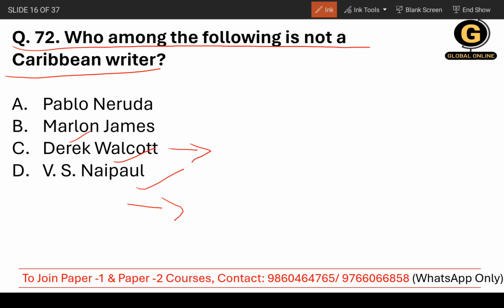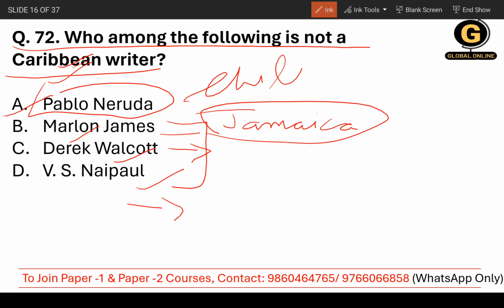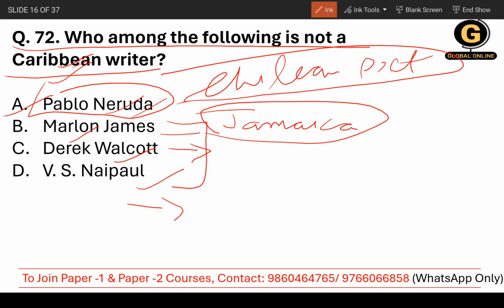Then Marlon James, a Jamaican writer. Jamaica is also associated with the Caribbean islands. So of course these three writers are associated with the Caribbean, but the only option here is Pablo Neruda, a Chilean poet. Chile is a country, a long and narrow country basically. So this is the correct option, the first one.